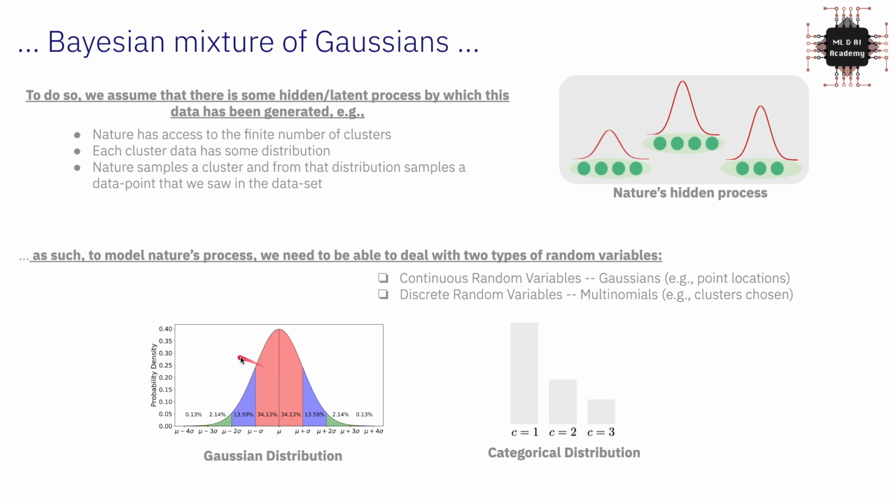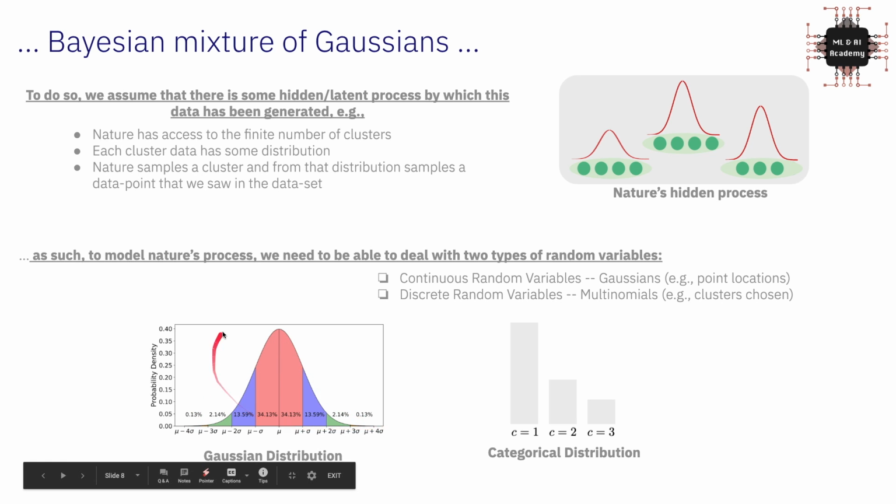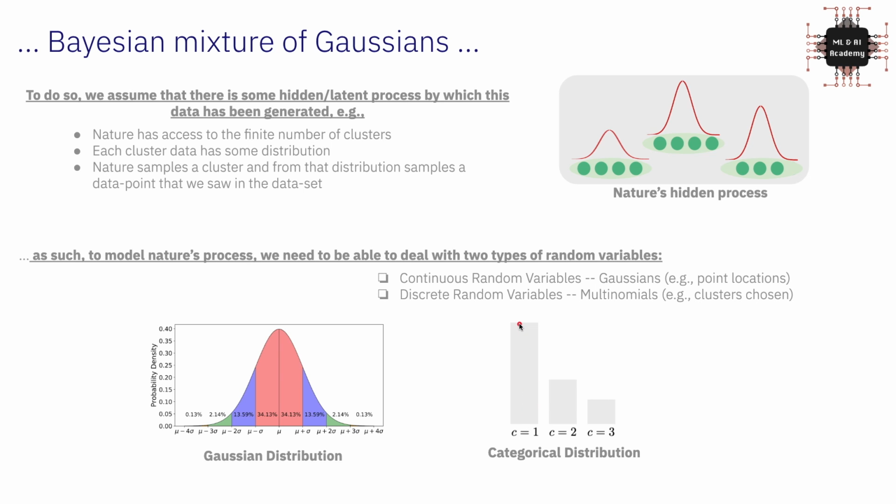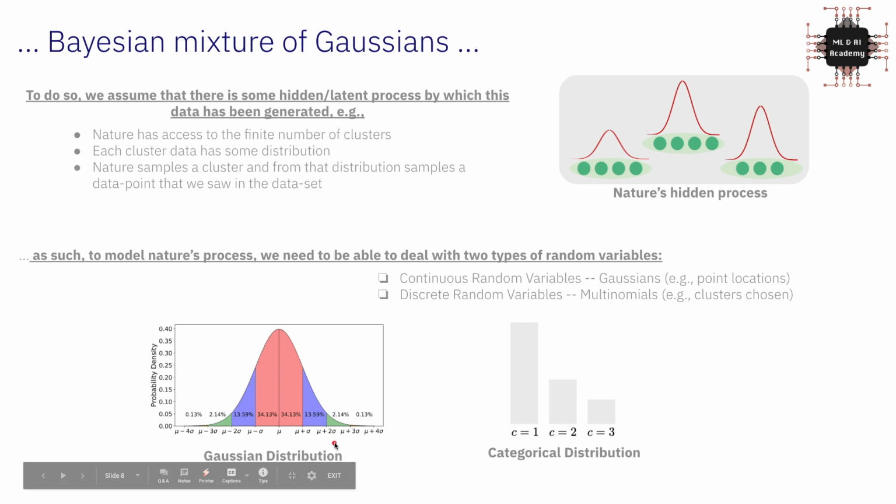For example, the Gaussian distribution is just this bell curve, which we're going to assume on the continuous random variable. And a categorical or multinomial distribution is what we're going to assume on the number of clusters. So C equals 1 means it comes from the first cluster, 2 the second, 3 the third cluster. The size of the bar graph here conveys the probability that I pick cluster 1, cluster 2, or cluster 3.